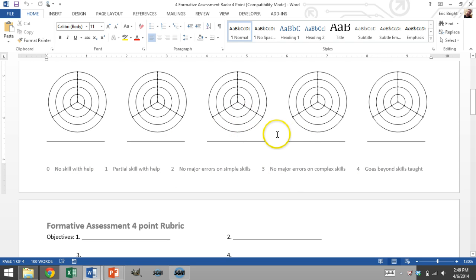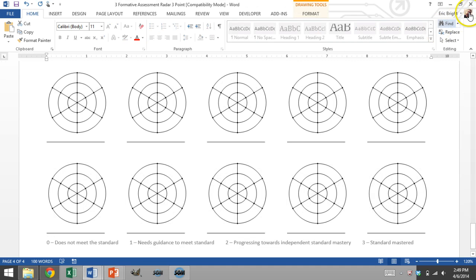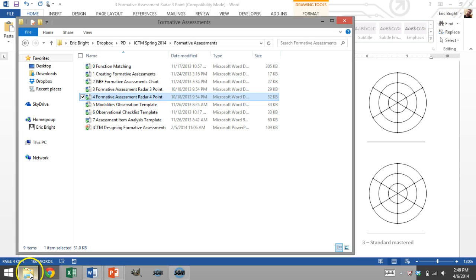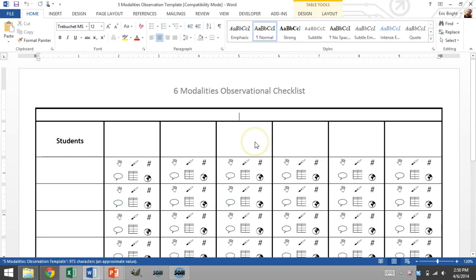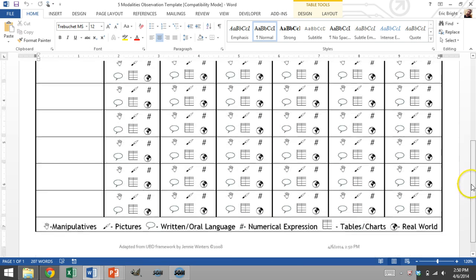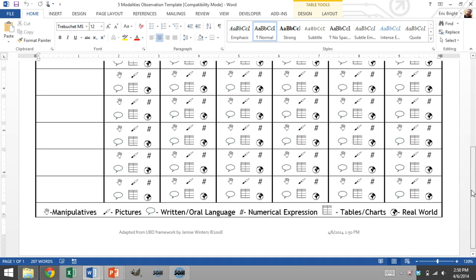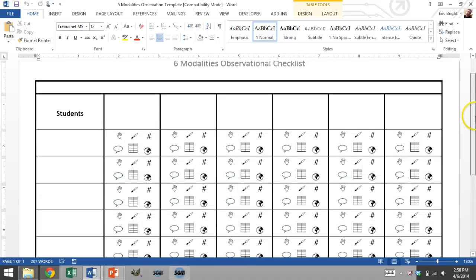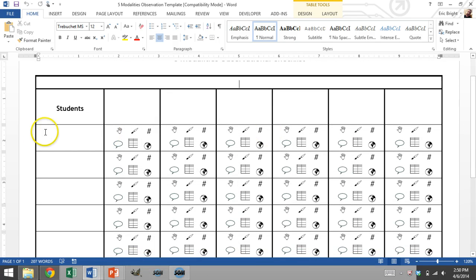So if you'd like to use this as a tool as you're designing your formative assessment, you're welcome to download those. Some other ones that are available for you: a modalities checklist. This came from Jenny Winters at the Lake County ROE, and this is just where you can write your students' names down in the left column.